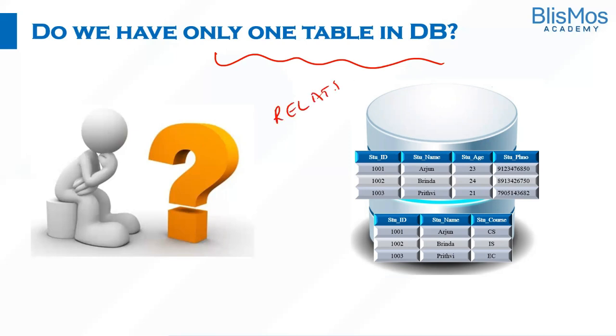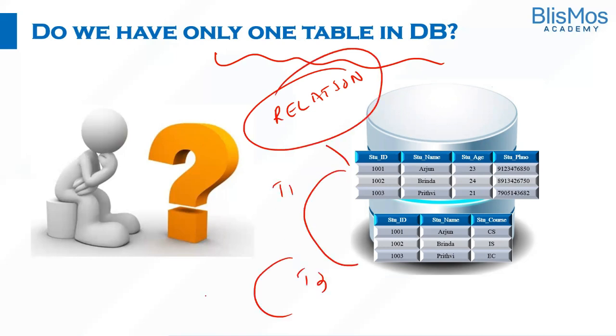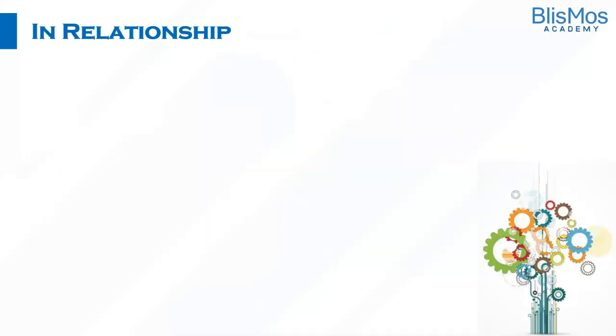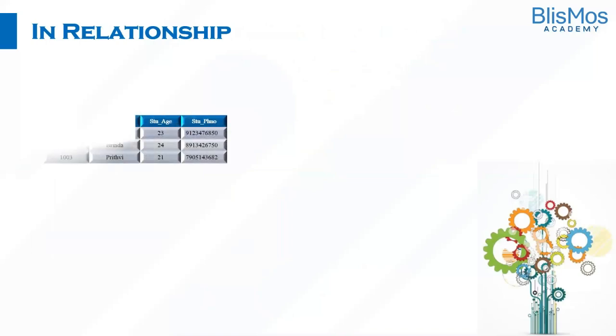So the table itself is called a relation, and we have multiple tables as a part of any database. As we know, each relation would have data. When I say relation, I'm talking about a table. A table is nothing but a relation. So in a relationship, don't think about a girlfriend-boyfriend relationship, live-in relationship, and all those things.